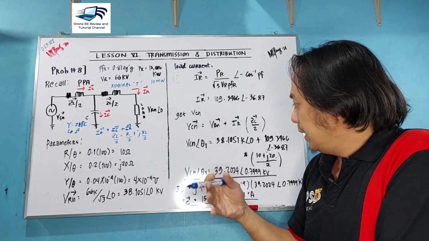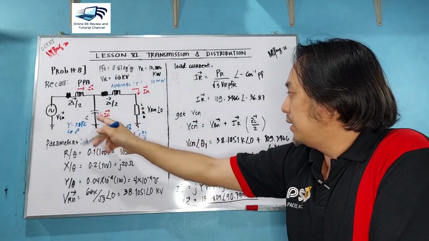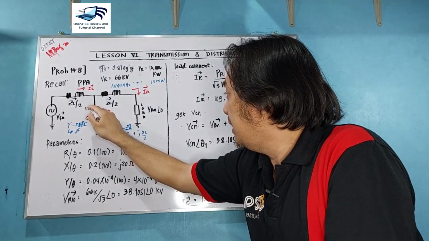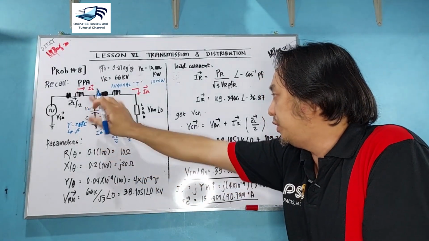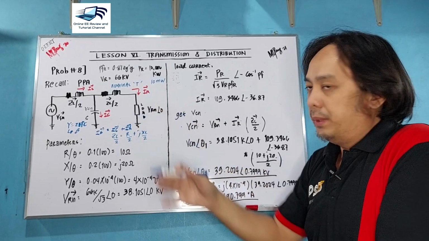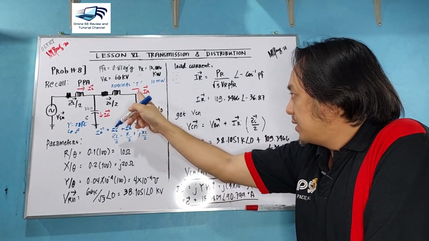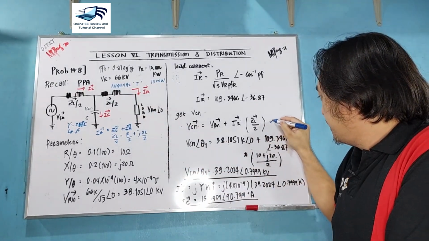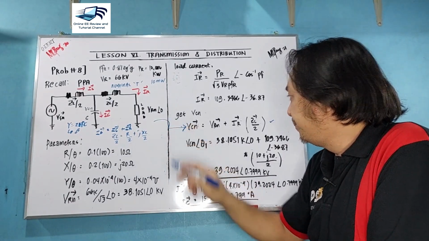Another equation that we can develop here is the voltage at the capacitance, or your capacitive voltage here at the midpoint, by using a little bit of KVL, a little bit of circuits. VCN equals VRN plus the drop IR multiplied by ZL over 2, which is this one. So that we can have this relationship.